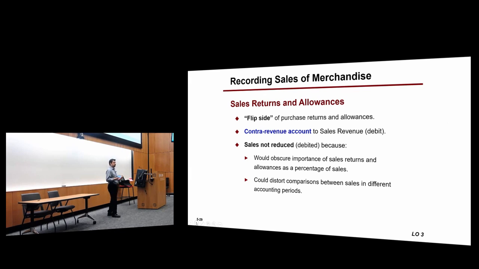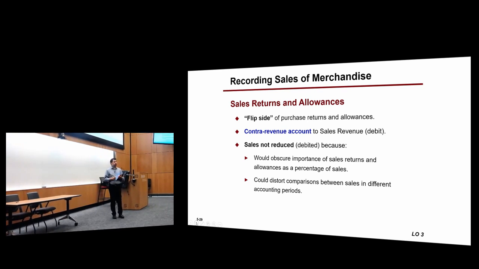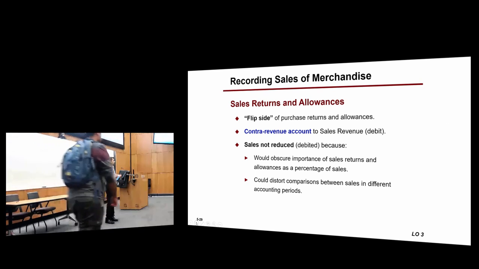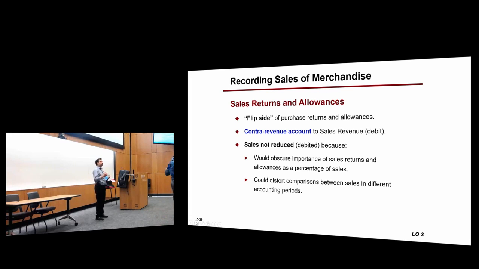You have to fix it. Okay? So companies keep sales returns and allowances separate from actual sales revenue. It's in a way similar to when the company used the contra asset account for equipment, the depreciation and accumulated depreciation, rather than just decreasing the value of your equipment.